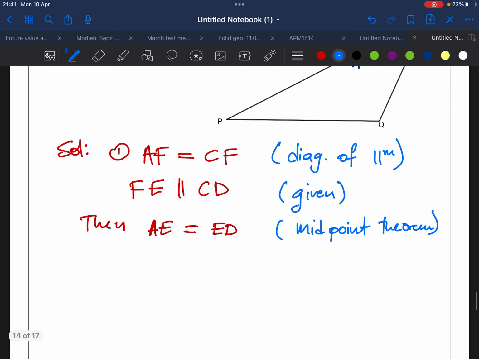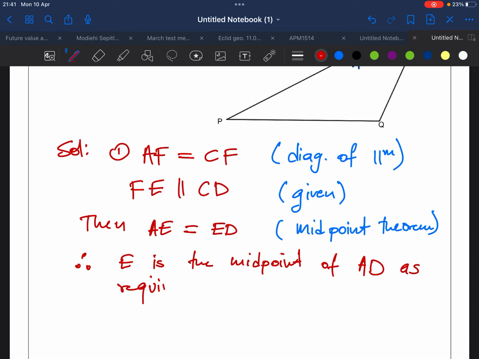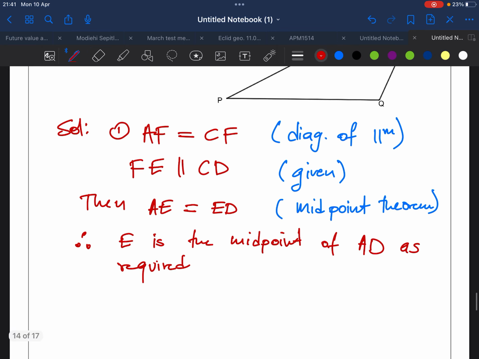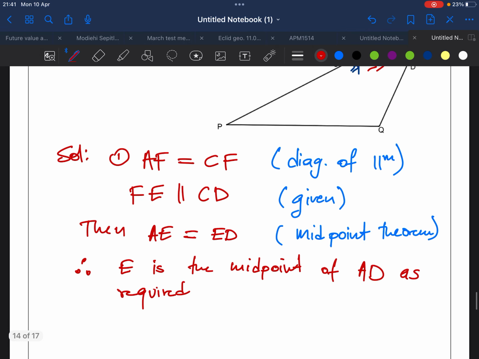Therefore, the conclusion is that E is the midpoint of AD, as required. So that's how you solve number one. Let us check number two.